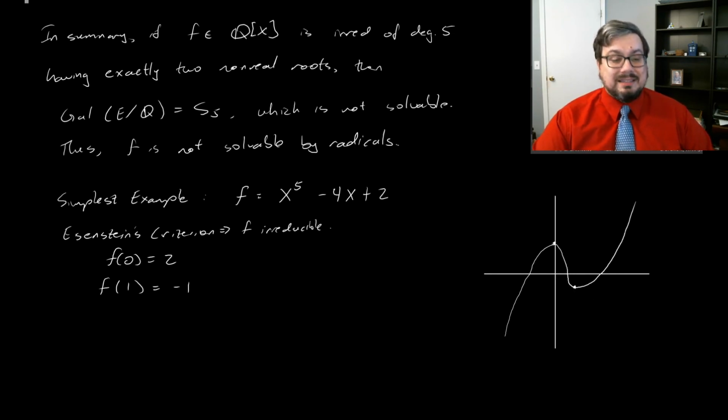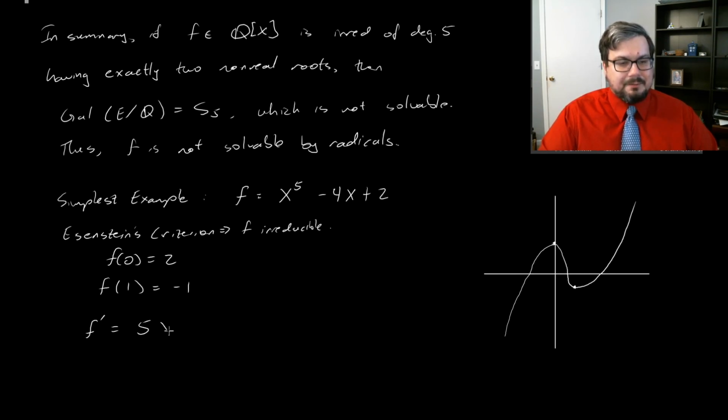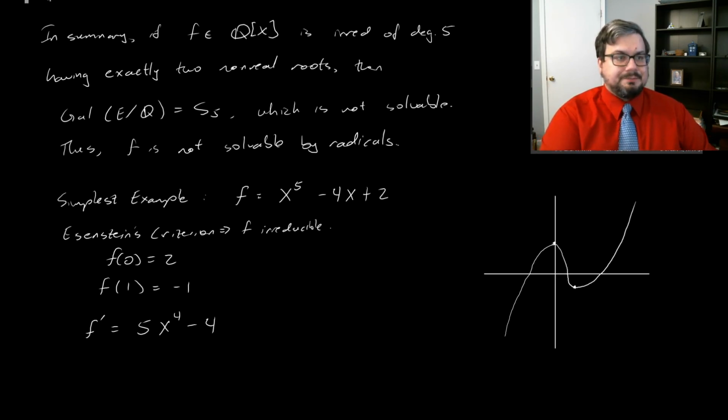So it has at least three real roots. If we look at the derivative of f, we get 5x^4 - 4, and we can see that this polynomial has only two real zeros, and as a result, the original graph has only two turning points.